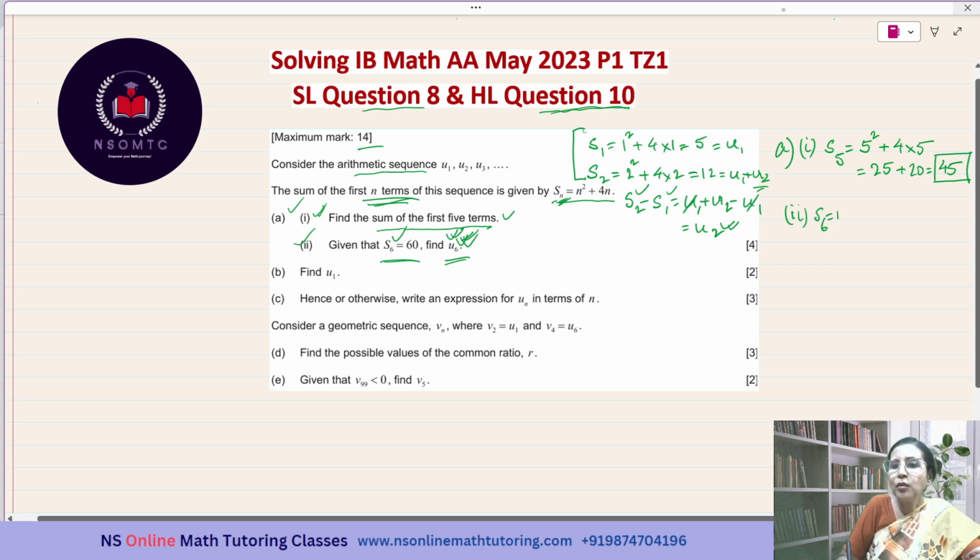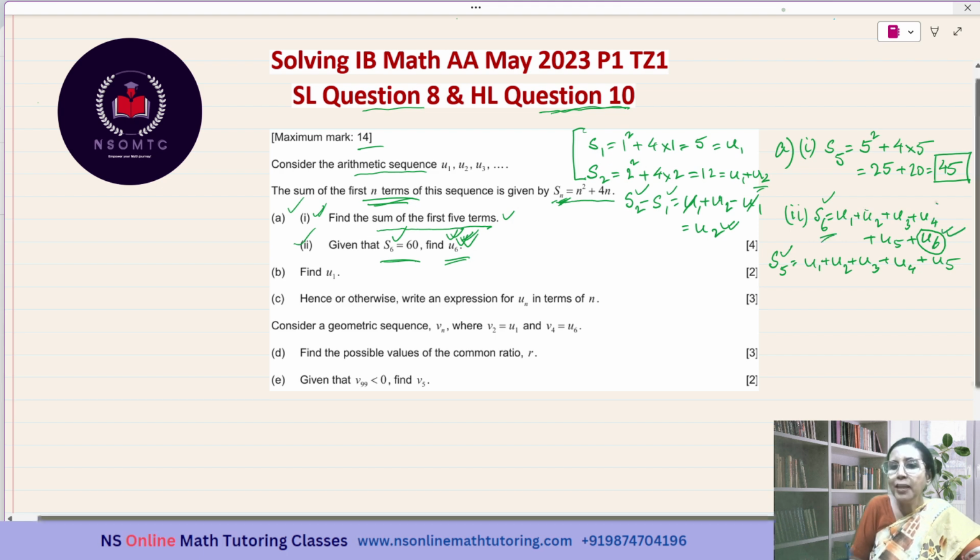S6 is equal to U1 plus U2 plus U3 plus U4 plus U5 plus U6, and S5 is equal to U1 plus U2 plus U3 plus U4 plus U5. So if we subtract S5 from S6, we should get U6, because U6 is the only additional term that we have in S6.